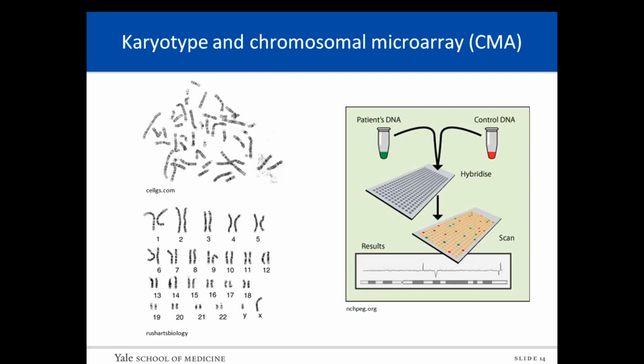If you have a spot along the genome in which the patient's DNA is, for example, duplicated or amplified, then that green color will show through. Or if you have an area where the patient's DNA is deleted by a copy number variant, then the control color, the red color, shows through. So this can be scanned, and the results compiled to look for copy number variants throughout the entire genome. We'll talk about the implications of this in clinical genetic testing in the latter half of the talk.